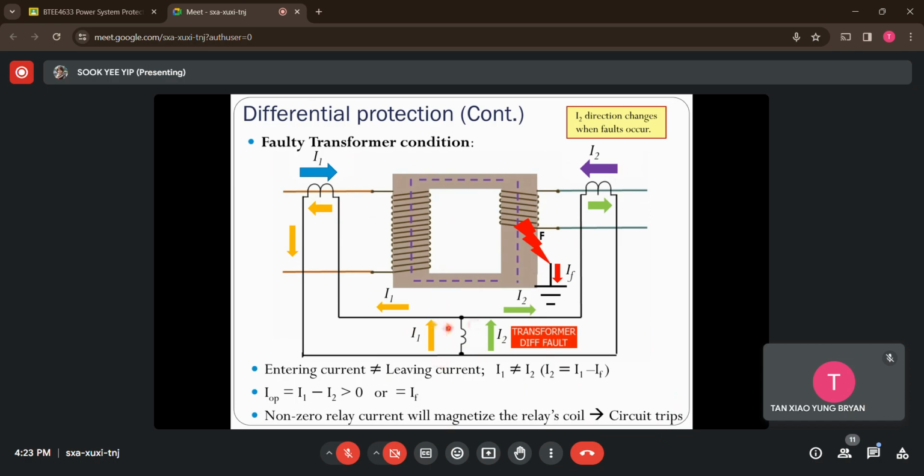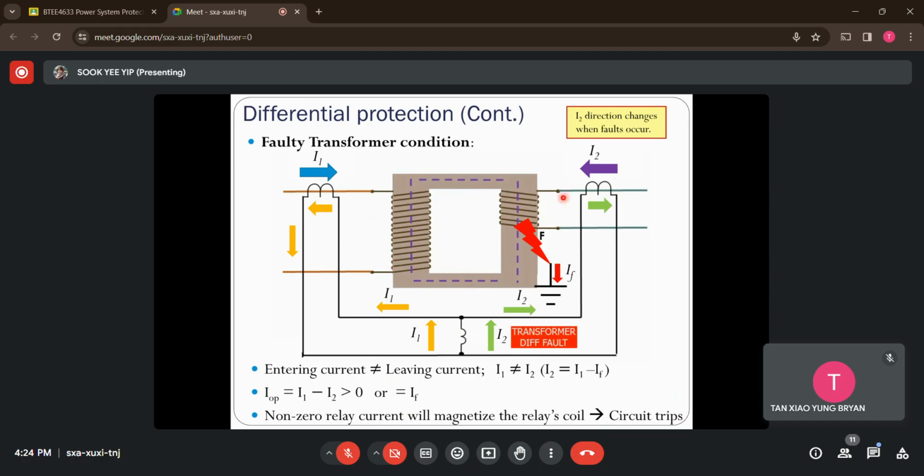Seeing as the current is different, which means I have current flowing here more than zero, and this current we call the fault current. Whenever we have current flowing through the relay operating coil, it becomes magnetized. So in such a case, the relay will start to take action to trip this transformer. That's how the differential protection scheme works if we have overcurrent situations.